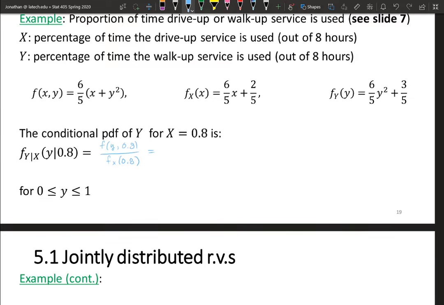So f of XY is going to be 6/5 times 0.8 plus Y squared, over f sub X, which we said was 6/5 times 0.8 plus 2/5.